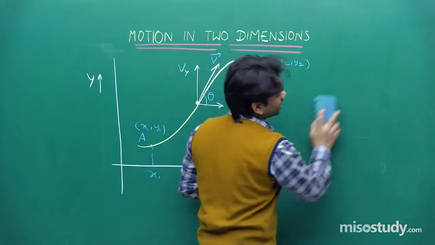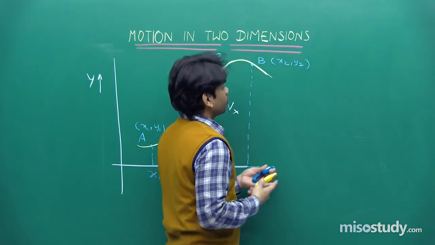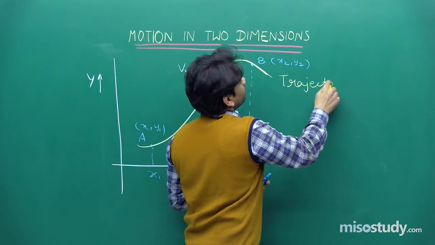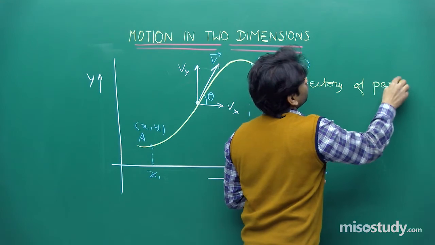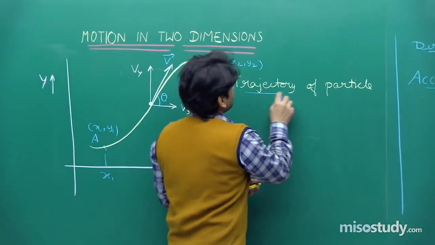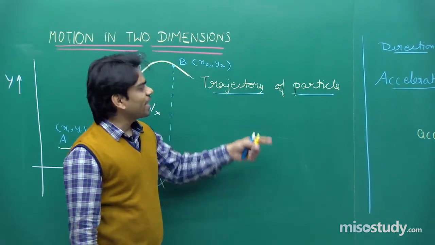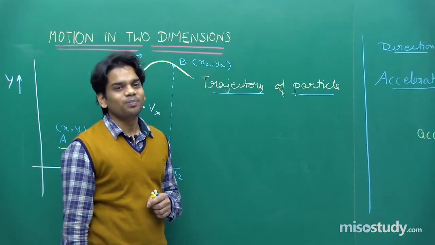Trajectory is an equation which will give you the relation between the x coordinate and y coordinate. You can say trajectory of a particle, or also an object. Generally we will see this in a better way when I teach you about projectile motion.